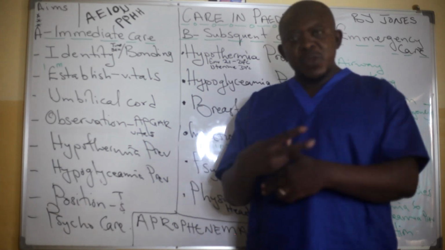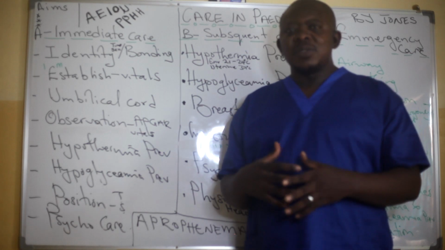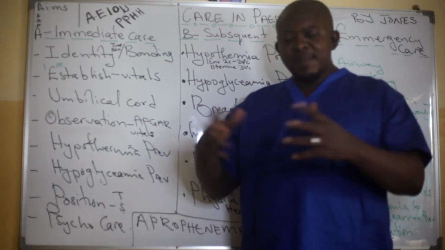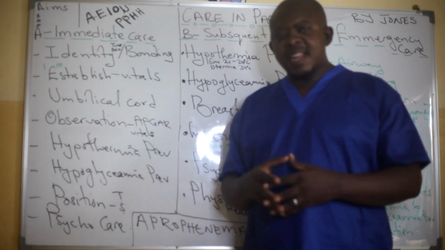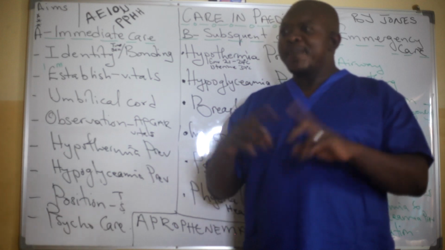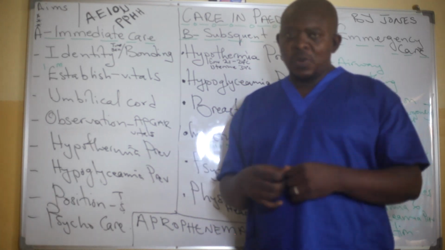It is at the middle where you cut. The purpose of putting the gauze is to prevent blood from spurting and messing up the birth area.